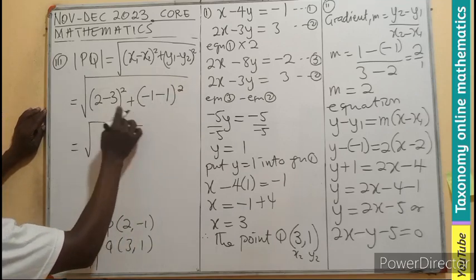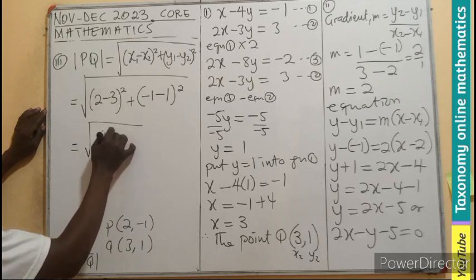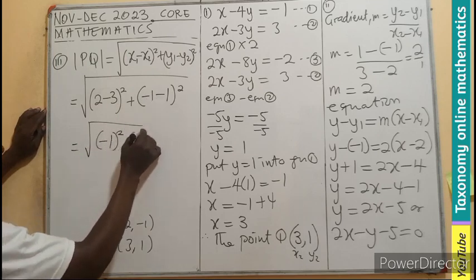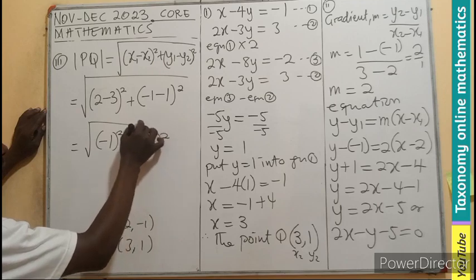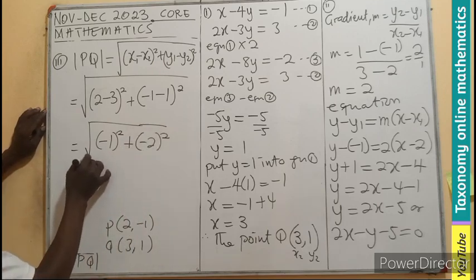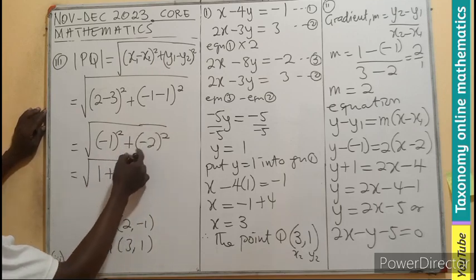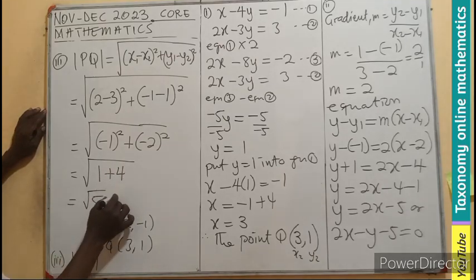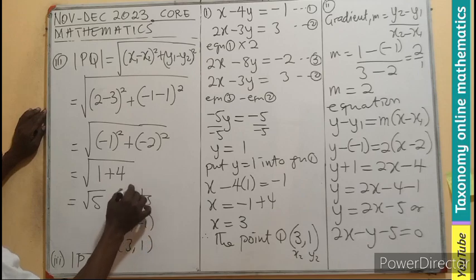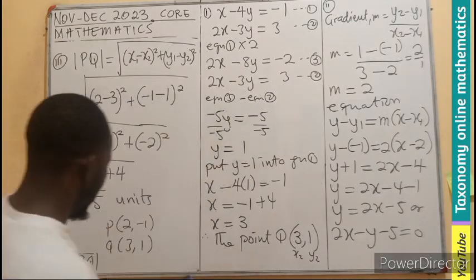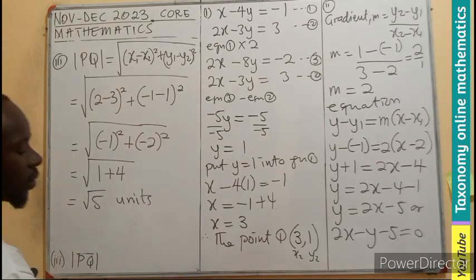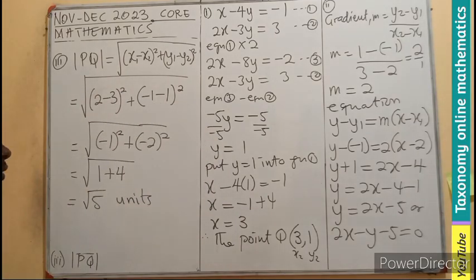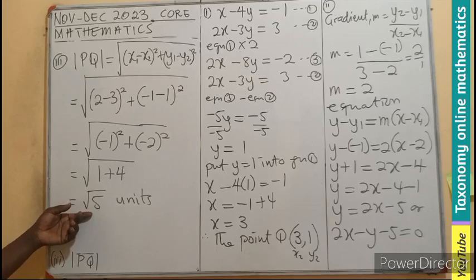This gives you negative 1 squared plus negative 2 squared, which is 1 plus 4, and that gives us root 5 units. We can do this in decimal as well if you want, or we can leave it in root form.